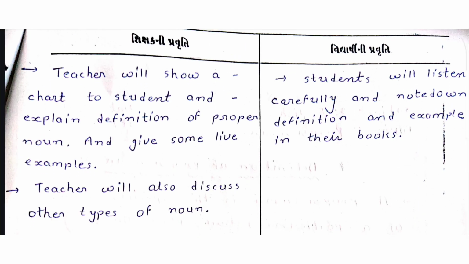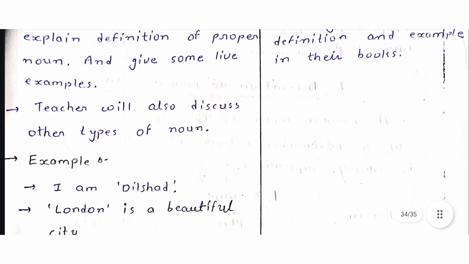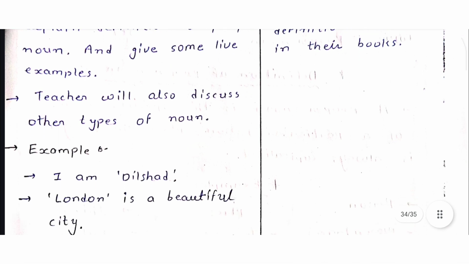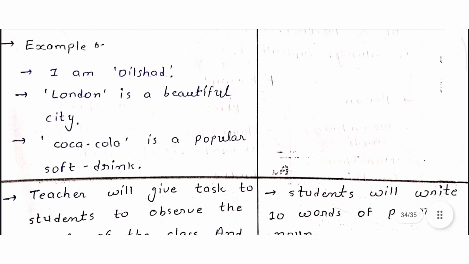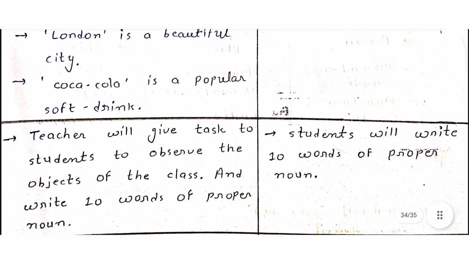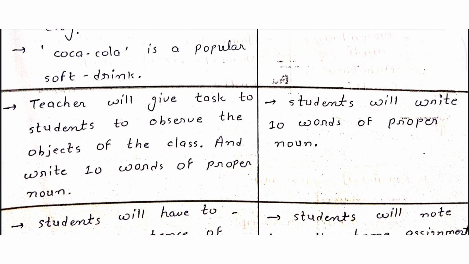In presentation, I have used one chart to explain the definition of proper noun, and then I give some live examples. And for evaluation, I ask students to observe the objects of the class and write 10 words of proper noun.